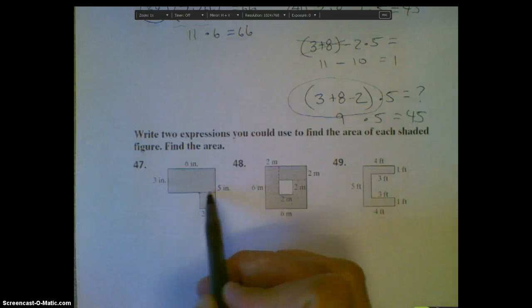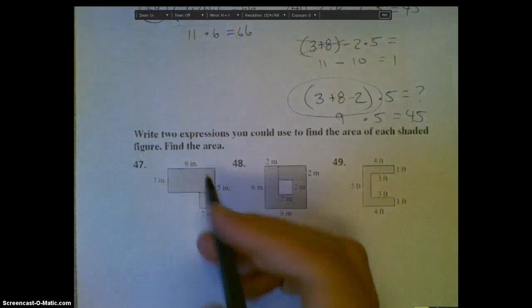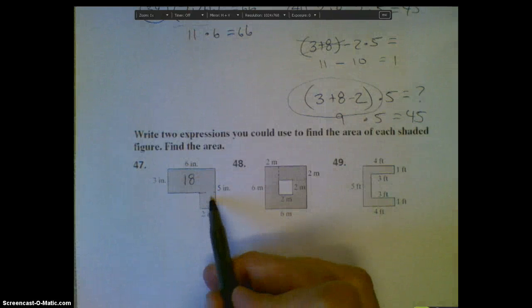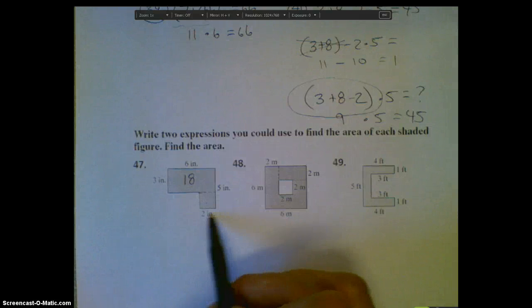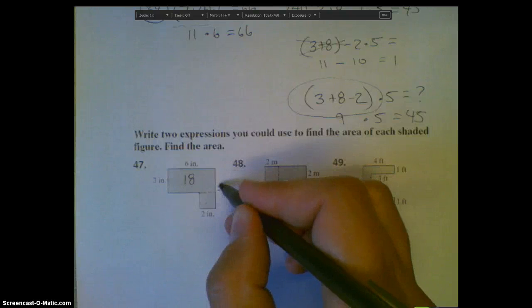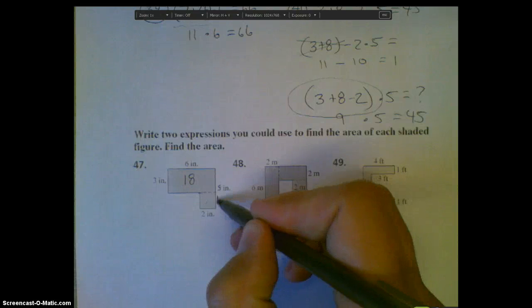So I know that this rectangle is base times height, 6 times 3. Well, that's pretty simple. This one's going to be 18. But now I've got to figure out the area of this one. I know the base is 2, but what about the height? Well, what I can do is I can use this 5 and this 3 to figure out the height here.